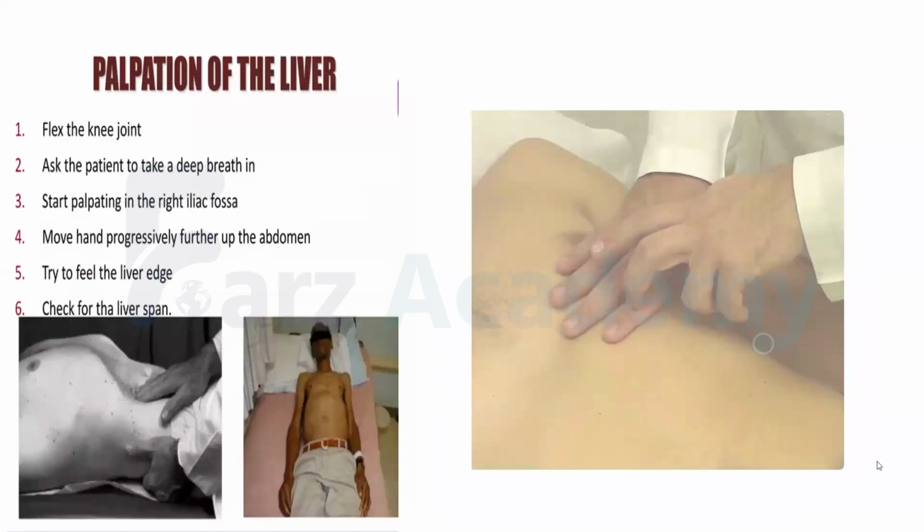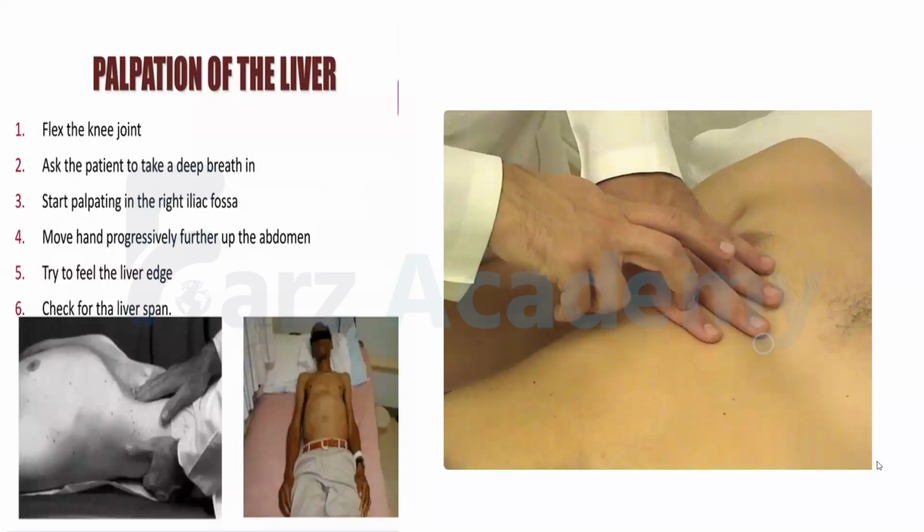Next, so for palpation of the liver, remember that the patient needs to take deep breaths in and out slowly. You should start palpating far off, preferably in the right iliac fossa. Move hand progressively further up the abdomen.